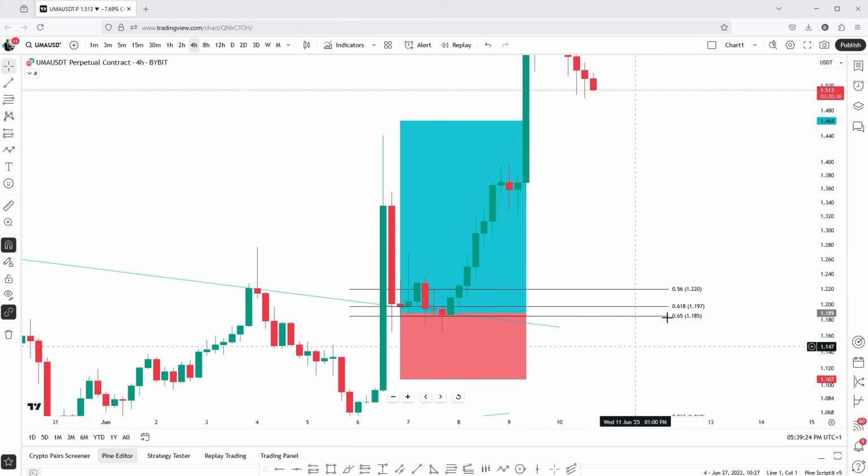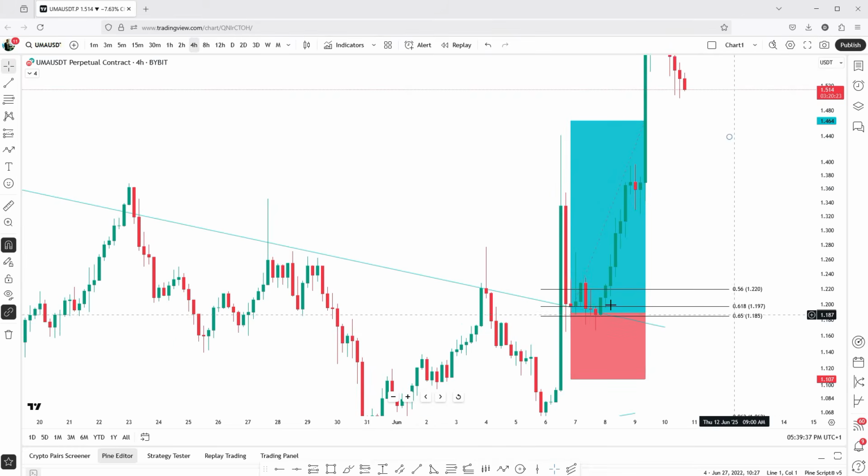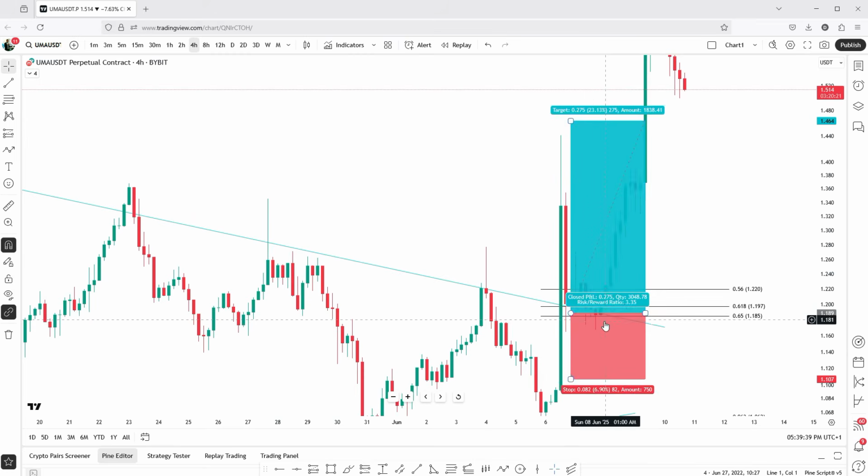I tell Bybit to start buying this token for me once the price gets to 1.22, and the last order I want to get is when it gets to 1.185. And that is exactly what happened. This came and bounced at the golden level of the Fibonacci too, and this gave us a nice 1 to 3 risk to reward ratio.